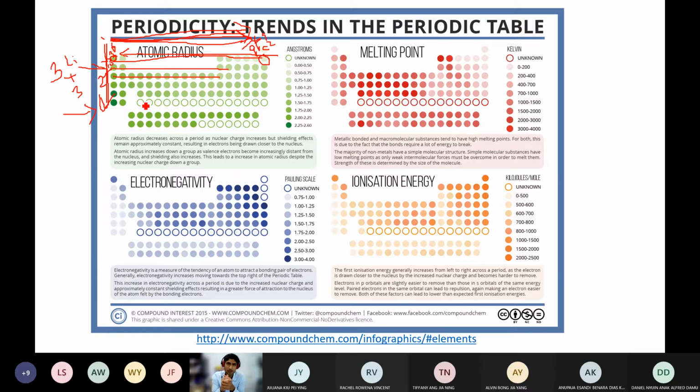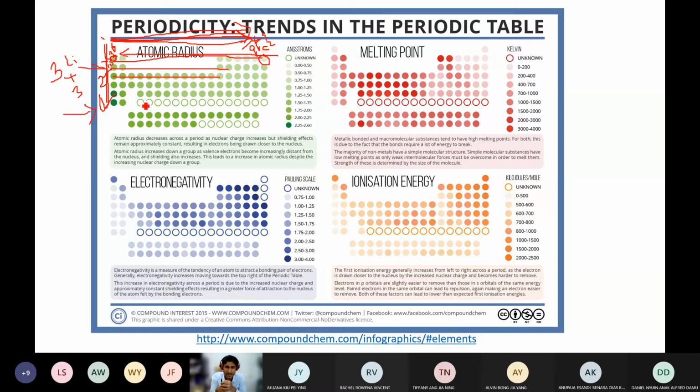Fluorine becomes more dense and heavy, and the nucleus is positively charged; neutrons do not have any charge. So it will attract the electrons all around it more strongly than lithium, because lithium has only 3 and fluorine has 9. So 9 is much stronger than 3.